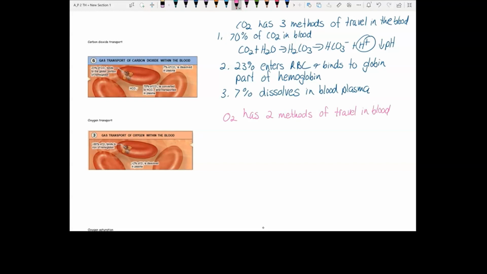Oxygen has a low solubility. This means that it does not like to mix with water. And we know that blood is mostly water. So 98% of the oxygen in your blood is in your hemoglobin, and it binds to the iron in hemoglobin.